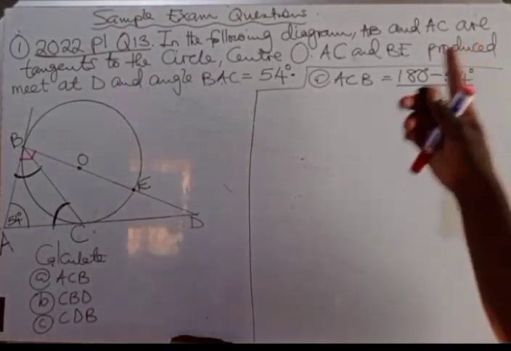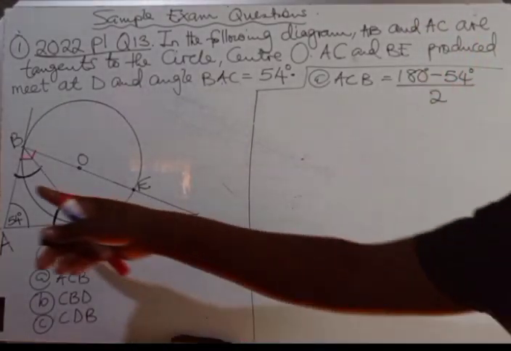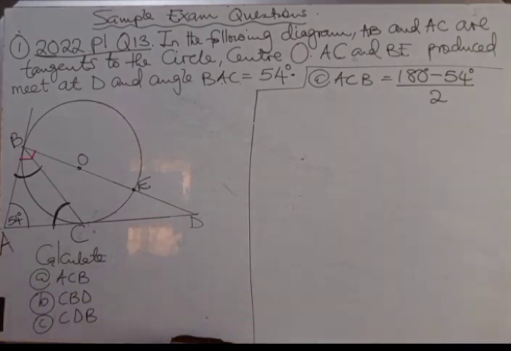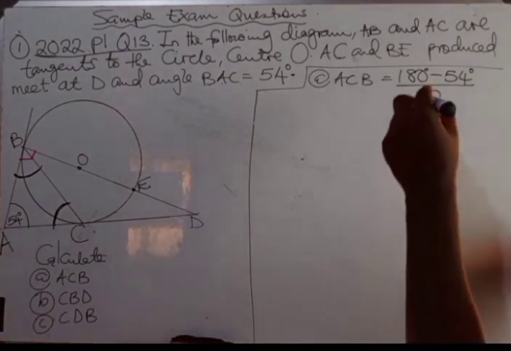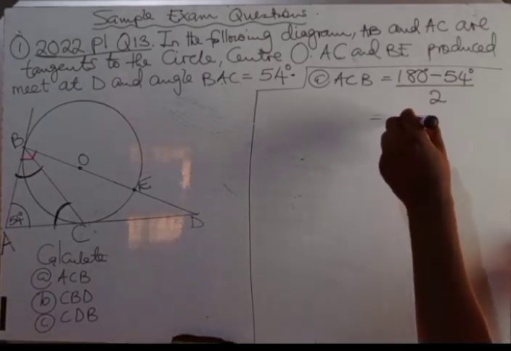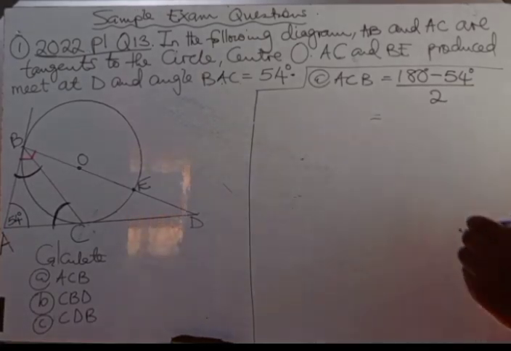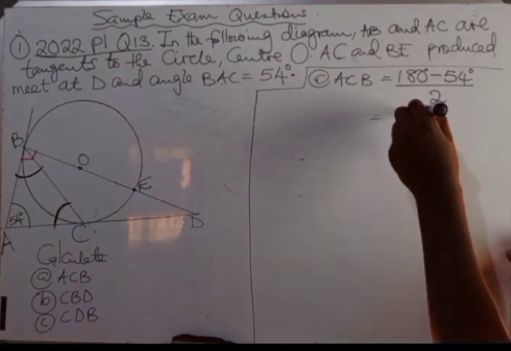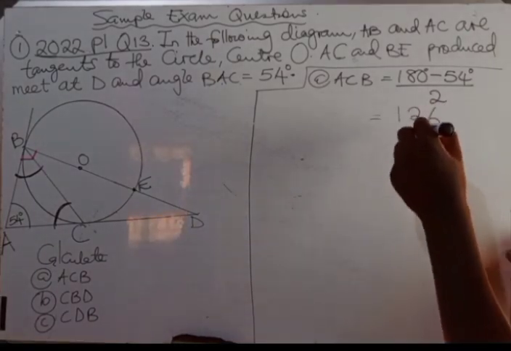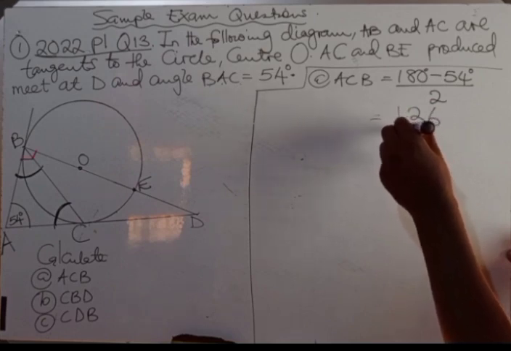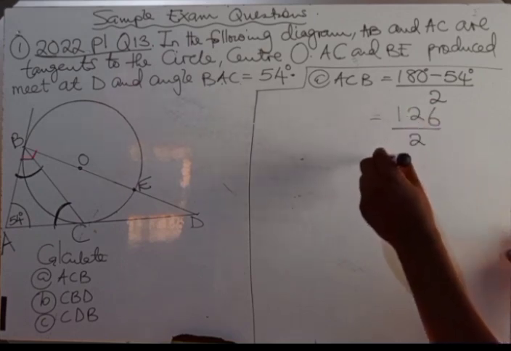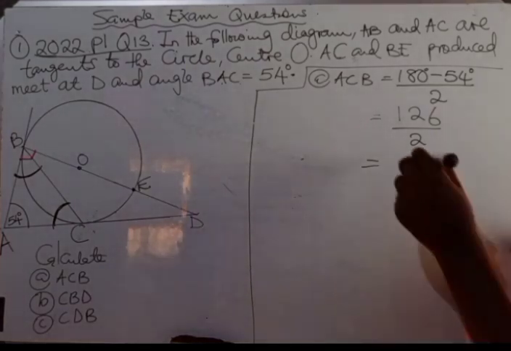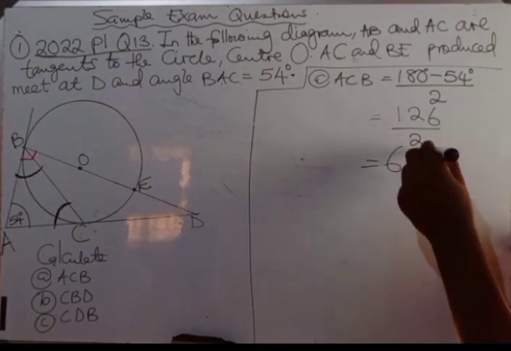So we are going to say 180 minus 54. Whatever we have, we divide by 2. The answer must be 126, so 126 divided by 2 gives 63.